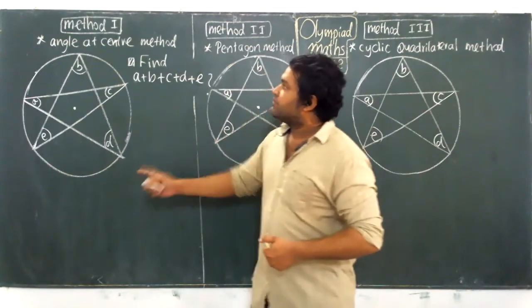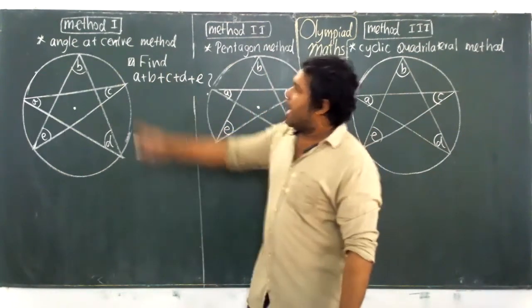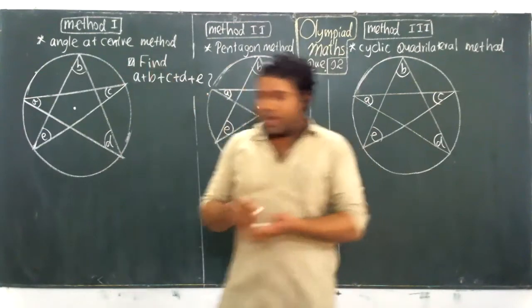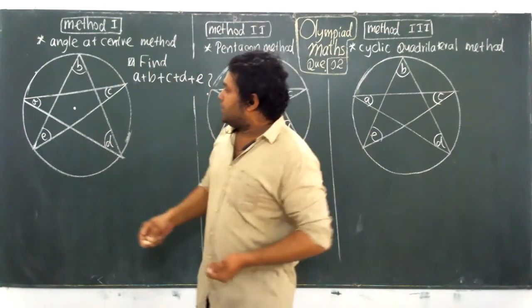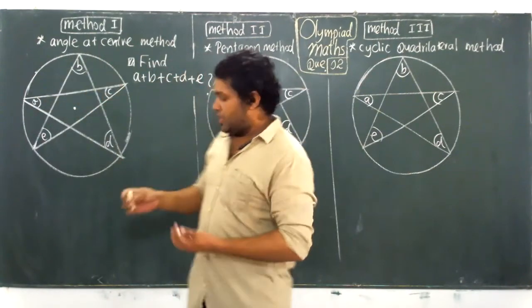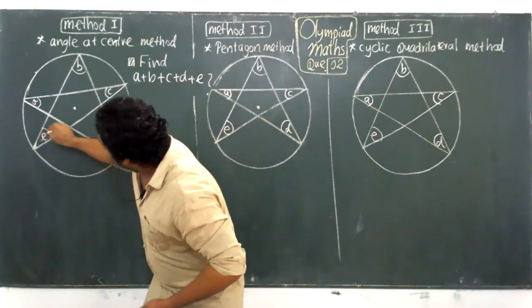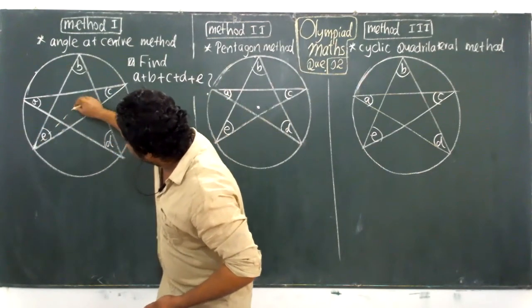Let's see this, to get this sum. Angle at center method means you can see this is the center of the given circle. From that center, I do a construction line in this way.